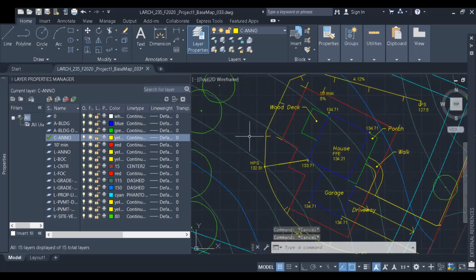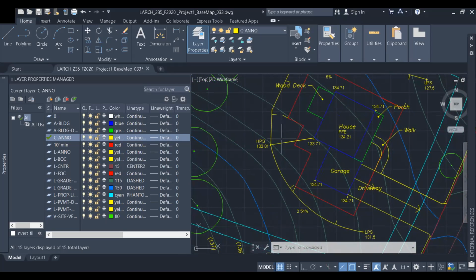Okay. So we've lowered the high point, and we've lowered that spot elevation. That's fine. We have to remember, by the way, to go back and do the other spot elevations. One of the things I want you to stop doing is stop working in this level of detail.